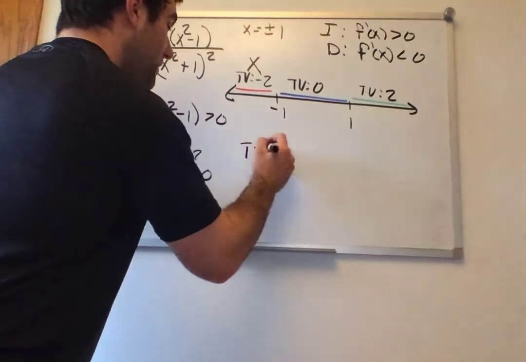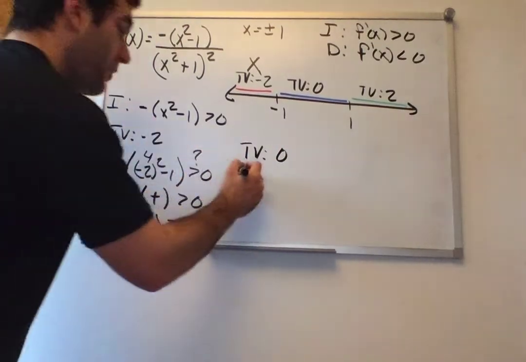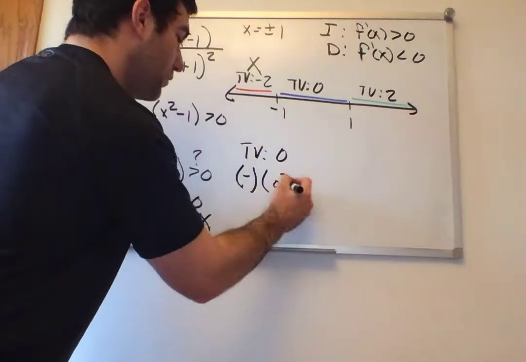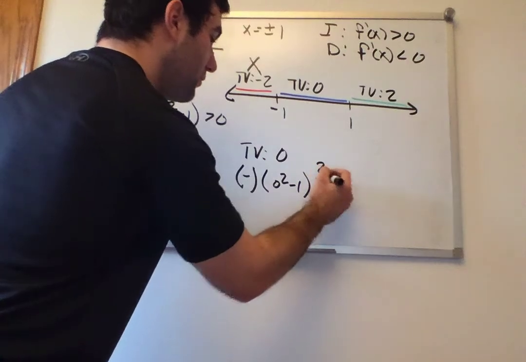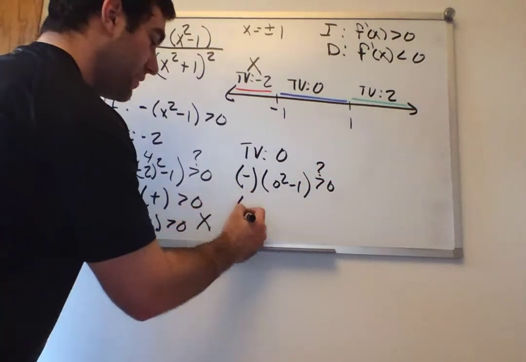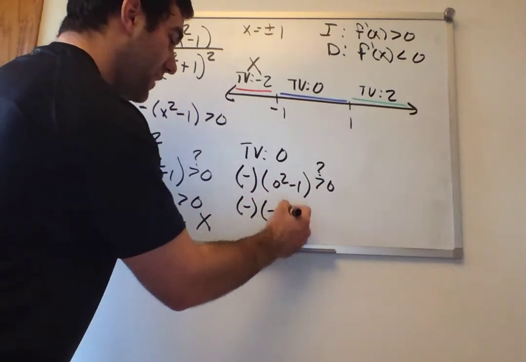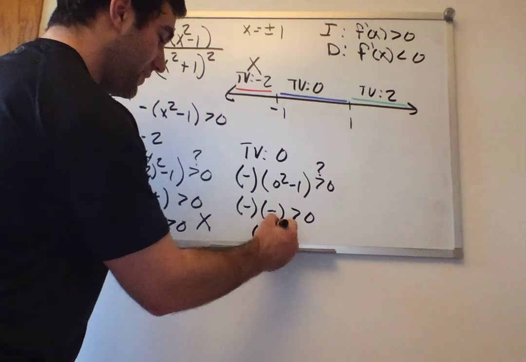Now let's do the test value of 0. Just plug 0 in here. Now we have that beginning negative, and now we got 0 squared minus 1. Is this greater than 0? Well, we still got this beginning negative, and 0 minus 1 is -1, but that's negative. Negative times a negative is a positive.